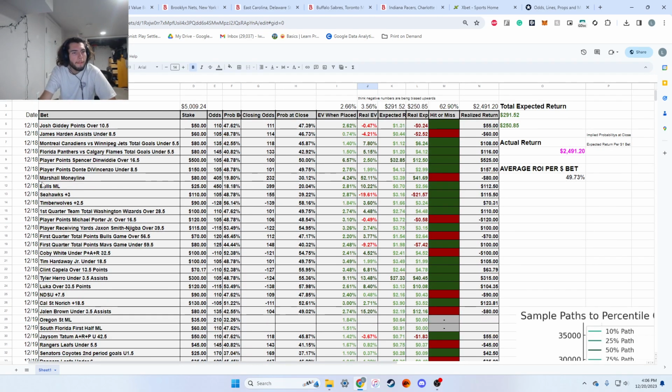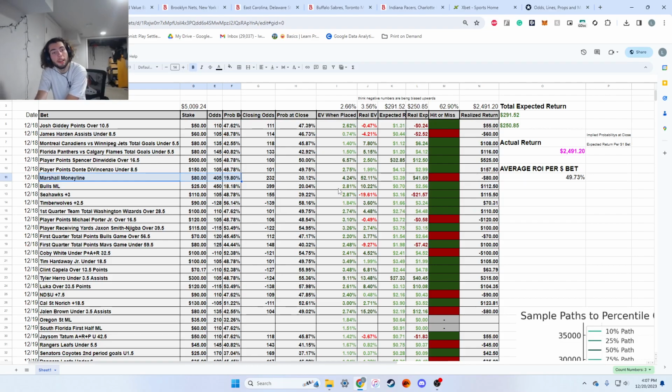Something really cool though. I forgot about this one. This Marshall bet kind of explains the whole concept really well. Basically, I put $80 on Marshall at plus 405 because that was good odds at the time. It was a 4.2% EV play.